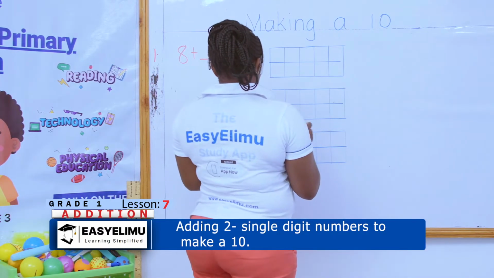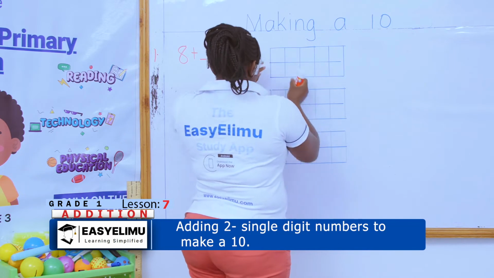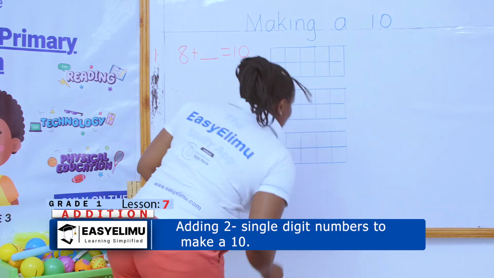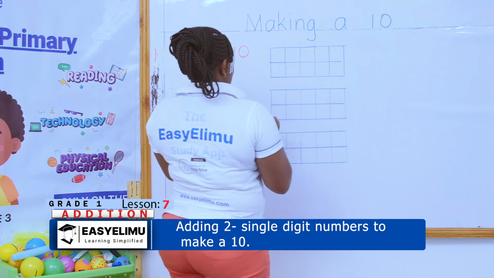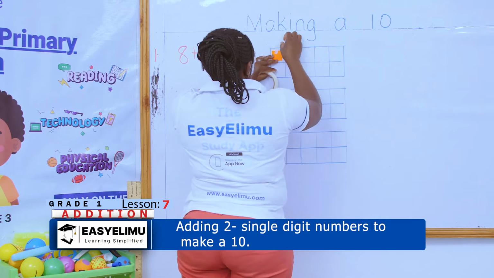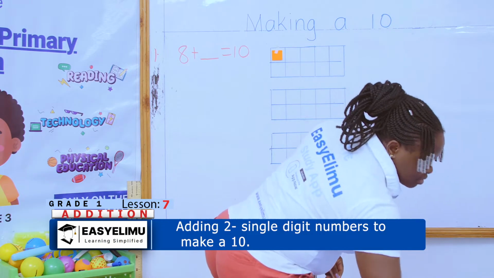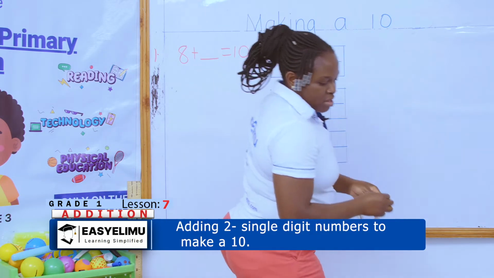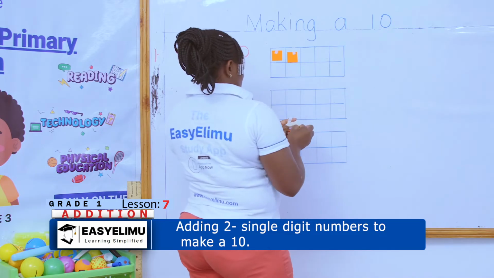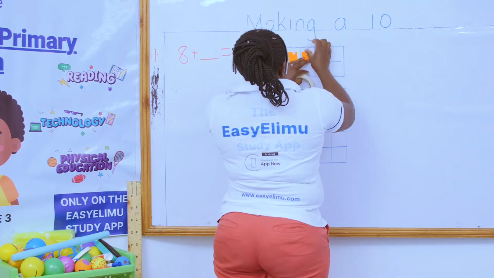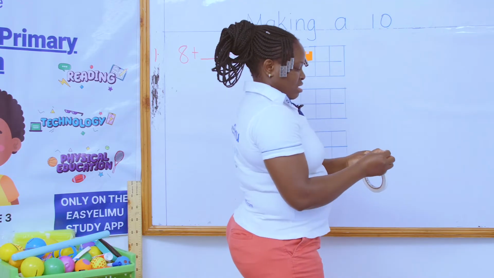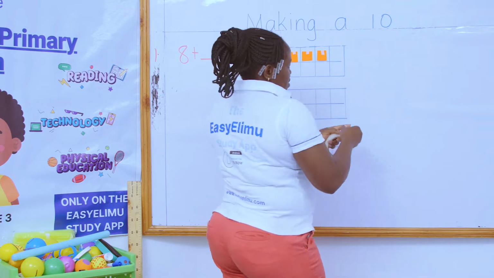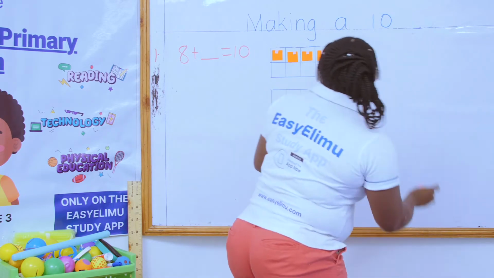I have my 8 counters there that I need in the box. Let me put them up nicely so you can see them. Now, that is my counter 1, counter 2, counter 3, that is counter number 4.